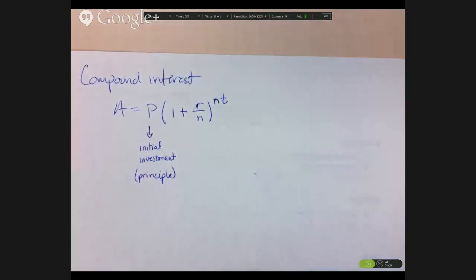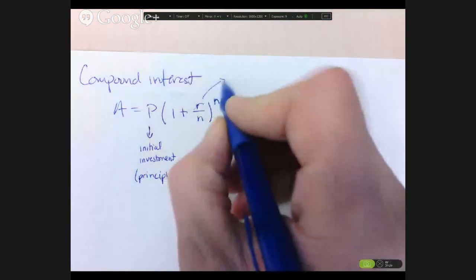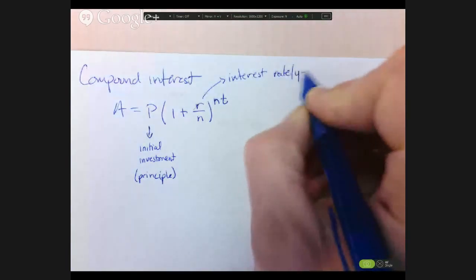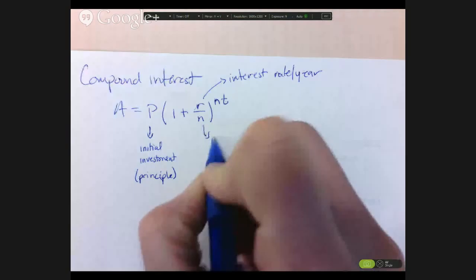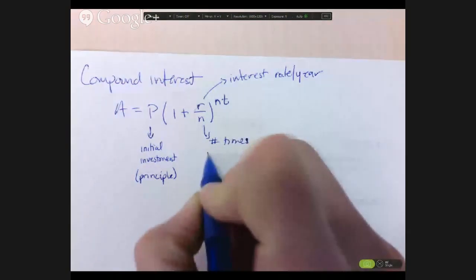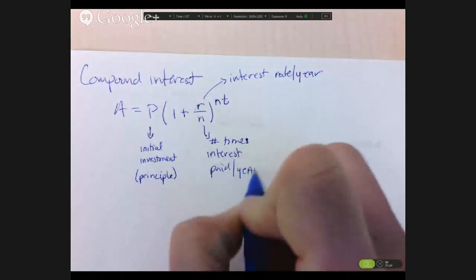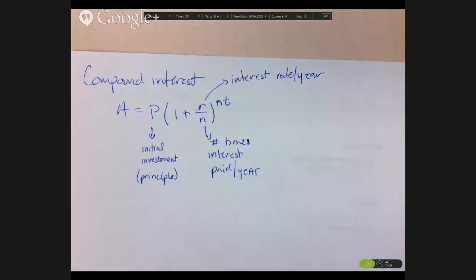P is principal, so that's how much money's in the account at the beginning. R, of course, is going to be the rate. N is the number of times interest is paid per year. So pay attention to the N, because sometimes they say paid monthly.